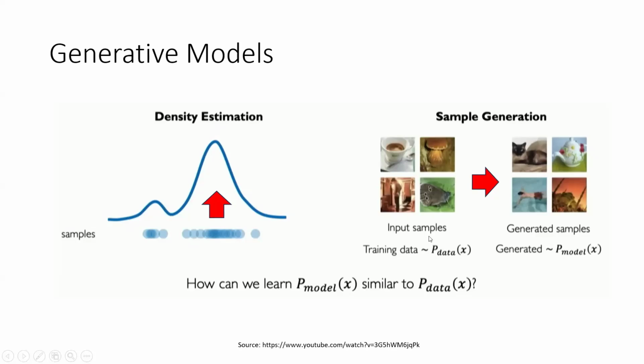And when it comes to sample generation, we have a set of input data, and we are going to predict the generated samples out of the data set. Those are the main objectives of generative models.